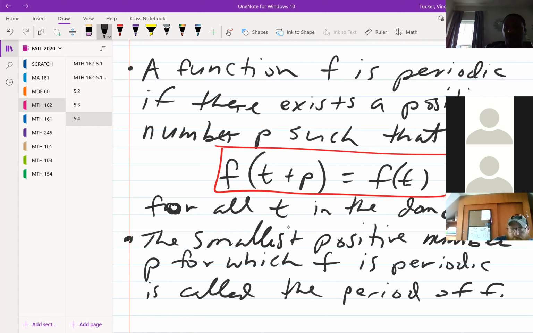I know it looks like period off, so it should be period of f. Basically, when your graph starts to repeat again, that's when your period stops.